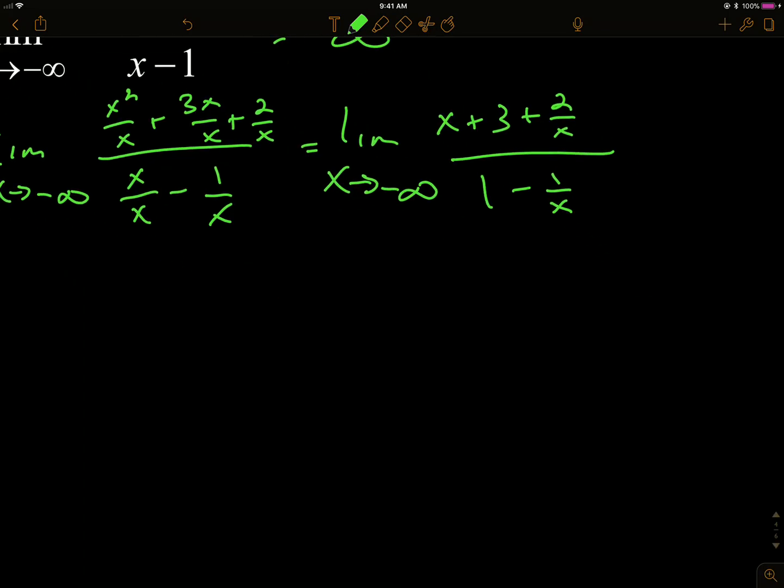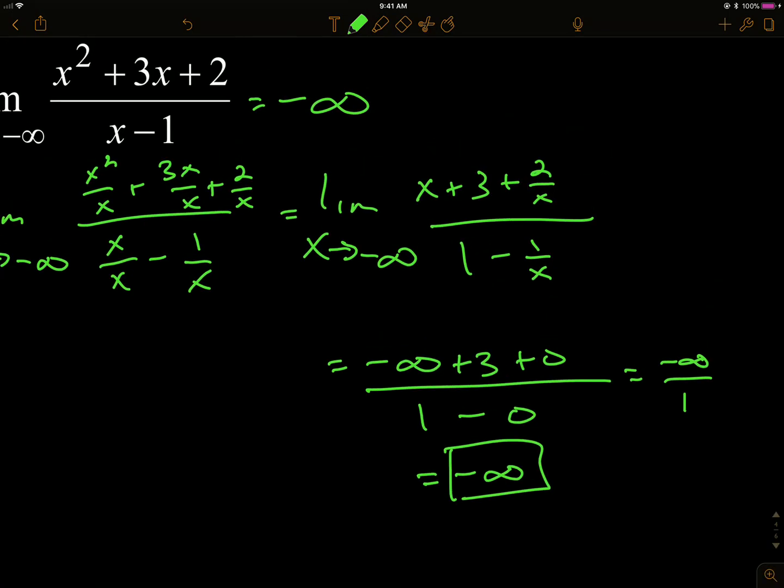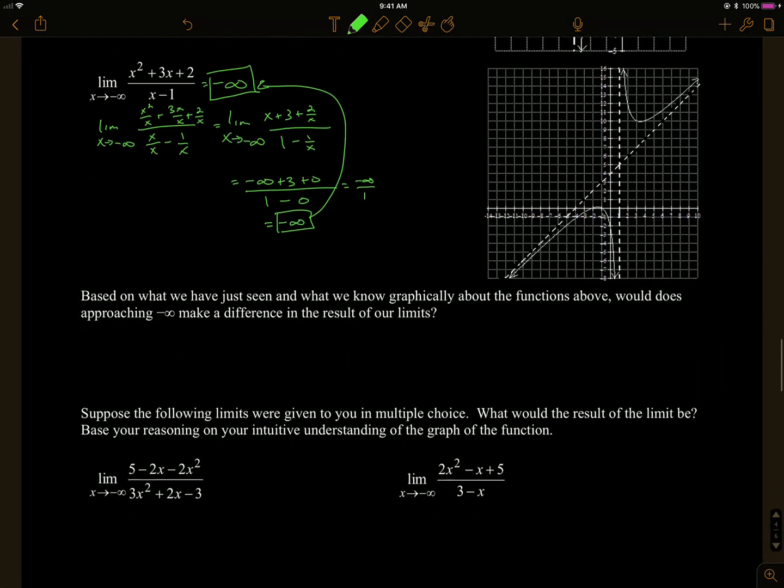We'll substitute in our negative infinity, so we get negative infinity plus 3 plus 0 over 1 minus 0. So this looks like negative infinity over 1, which is negative infinity. That confirms the answer we got through the analysis of the slant asymptote.